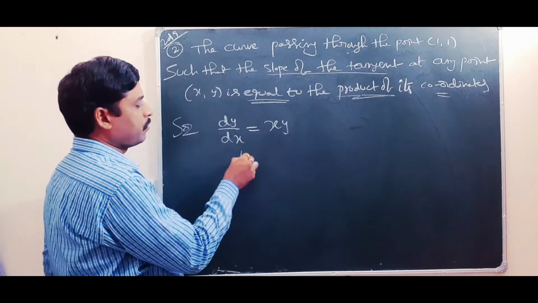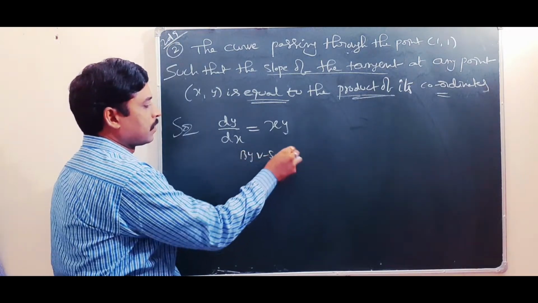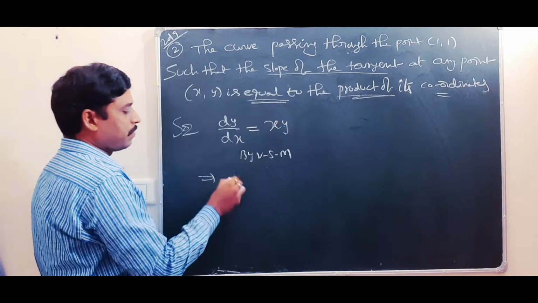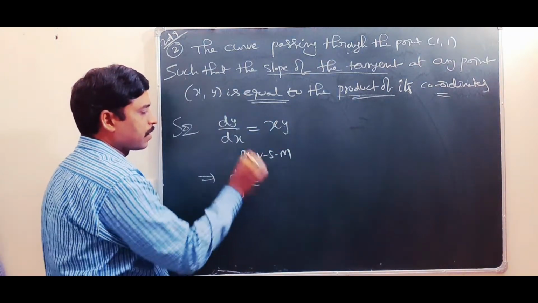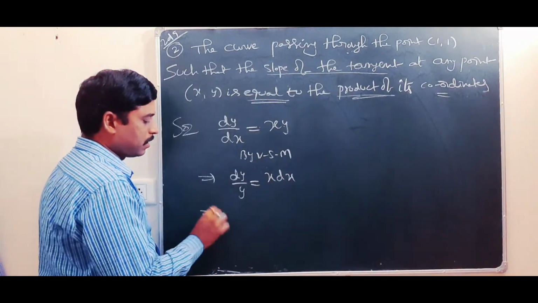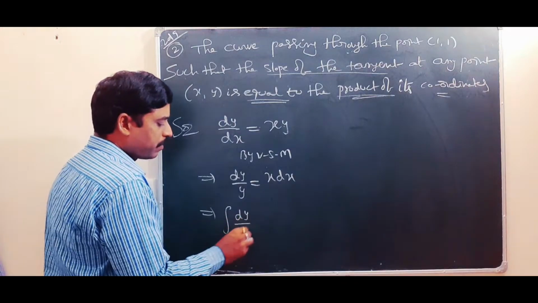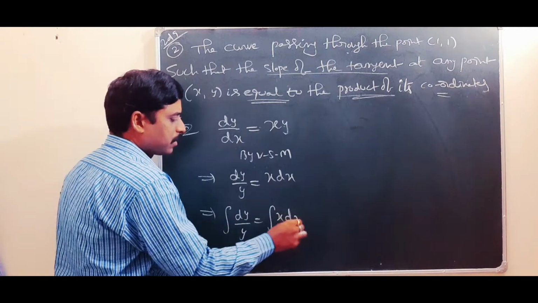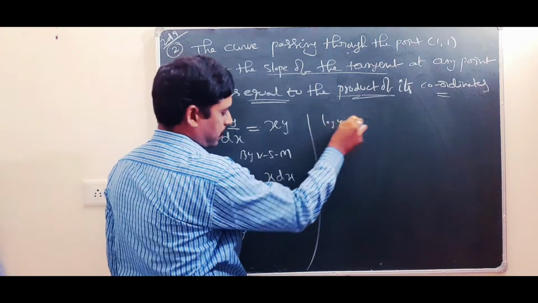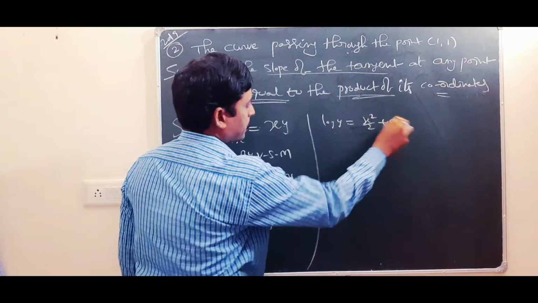So by using the variable separable method, we should separate variables. dy by y is equal to x dx. Now applying integration on both sides. Integral dy by y is equal to integral x dx. This is log y. So log y is equal to x square by 2 plus c.